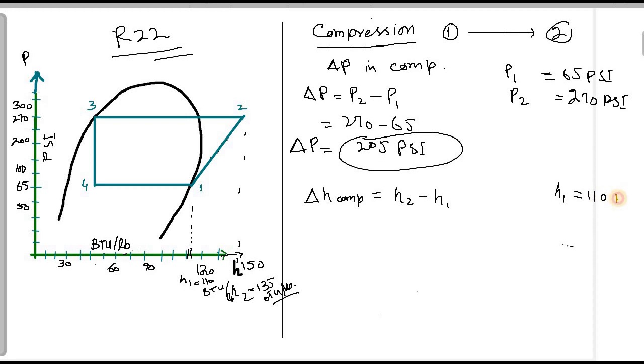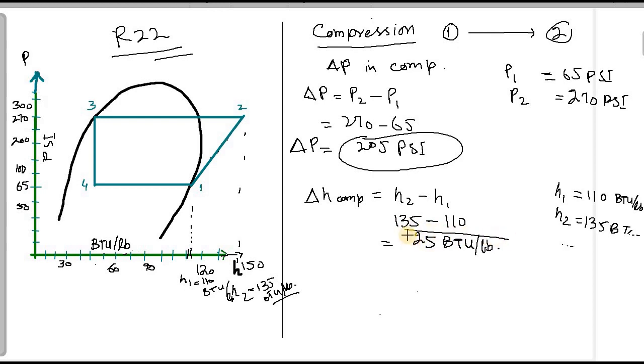So now H1 is 110 BTU per pound, while H2 is equal to 135 BTU per pound. Now, according to this formula, we subtract the H1 value from H2. So 135 minus 110, and the result will be 25 BTU per pound.